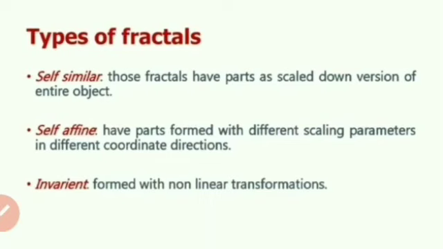These fractals are commonly used to model trees, shrubs, and other plants, which you can see and feel as rough, random surfaces. So for this purpose we generally use this type of fractals.